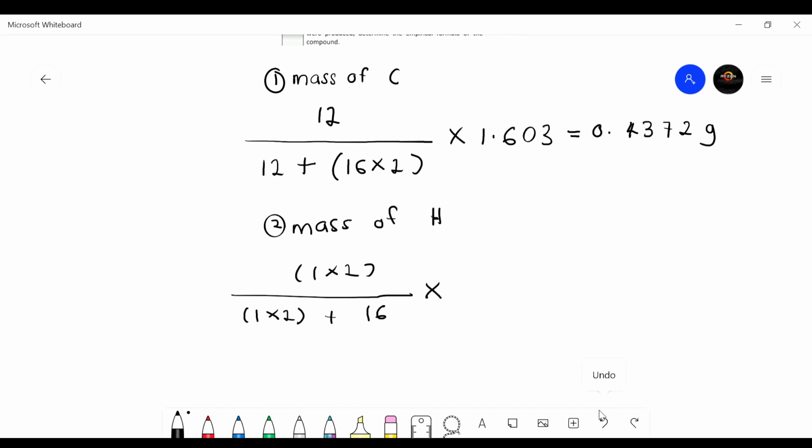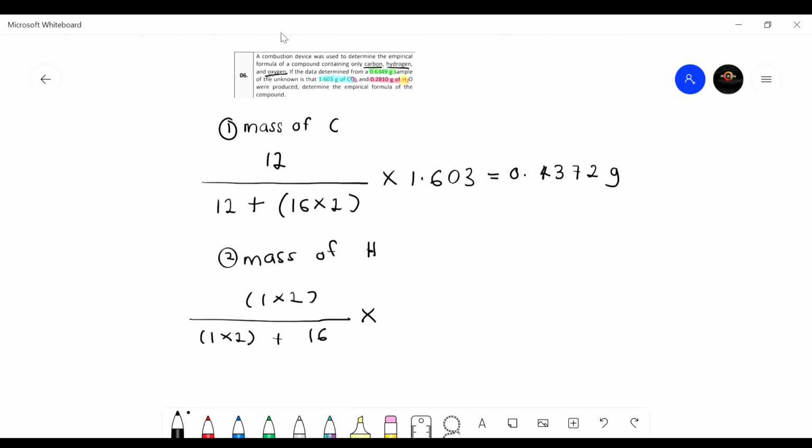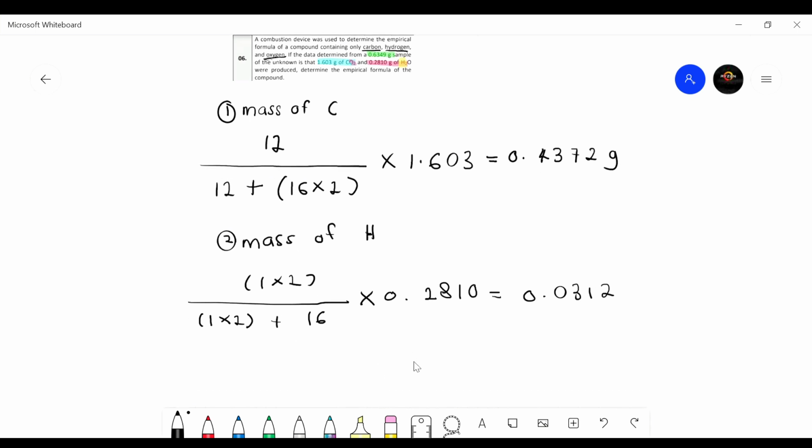Then we need to multiply it with 0.2810, which is the mass of water, and we will get the mass of hydrogen.